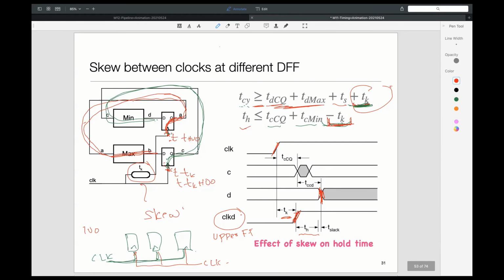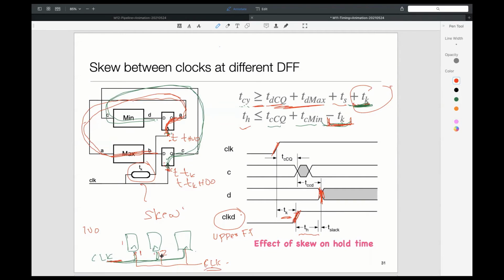Oh, so the way you get a negative TK is, for example, as I showed out here, let's say I was routing my design so that the clock came from the left. Just by physics, the signal traveling will reach flip-flop 1 before it reaches flip-flop 2. So in that case, flip-flop 1 will see an earlier clock edge and flip-flop 2 will see a later clock edge. But let's say I reverse the direction of the signal. I put my clock source on the right-hand side.